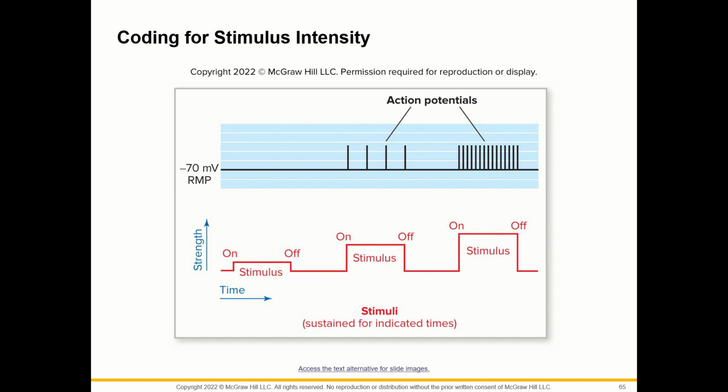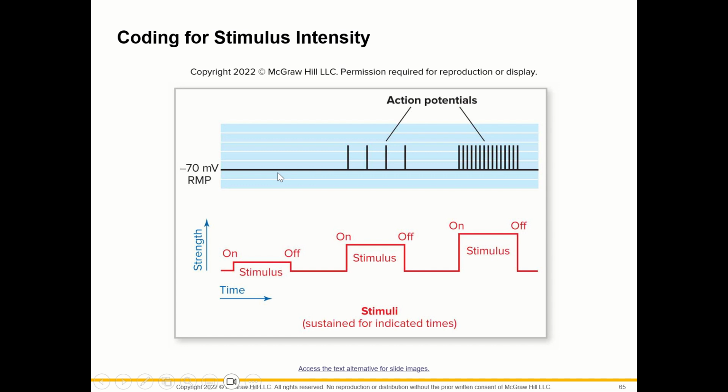So this is figure 7.16, the effect of stimulus strength on action potential frequency. The stimuli, the bottom diagram, that are sustained for a period of time are given to an axon. In the first case, the stimulus is weaker than required to reach threshold, and no action potentials are produced. The top diagram, nothing.